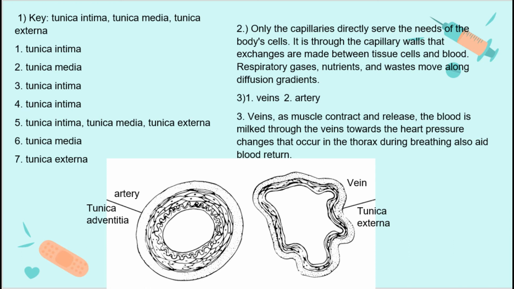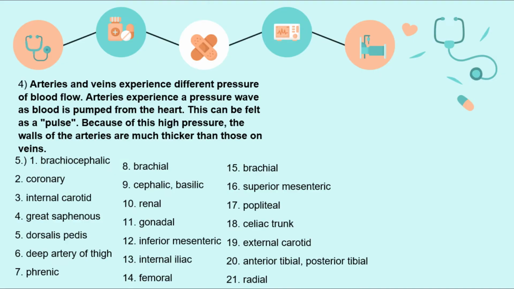Which depends on the skeletal muscle pump and changes during breathing? Our answer: veins. As muscles contract and release, the blood is milked through the veins towards the heart. Pressure changes that occur in the thorax during breathing also aid blood return. Let's proceed to item 4.